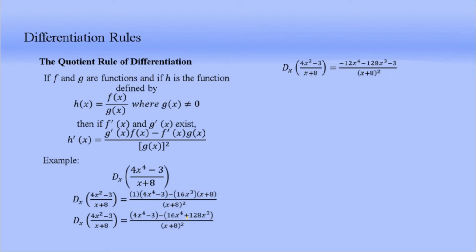As you can see here, it is positive, but since we're going to multiply this sign to this term, that is going to be negative 128x cubed here, and then just the same, negative 3. And we're going to arrange this by the highest term. So we have 4, then 3, and then this constant. And that's it. This is the derivative of this function. You cannot simplify this anymore.